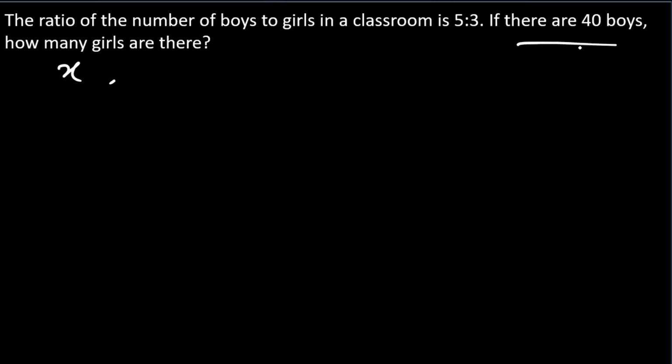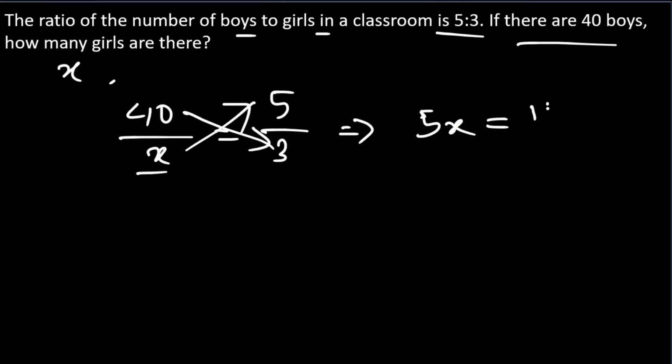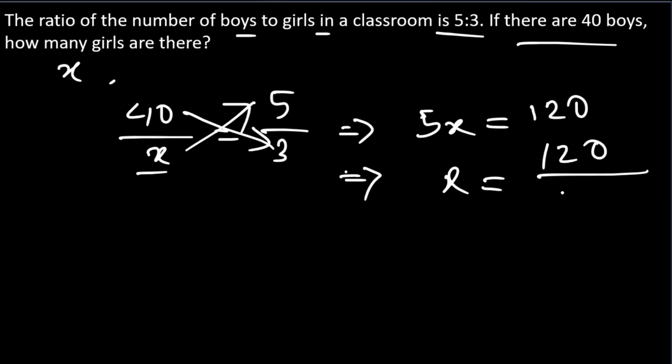Consider the boys number is 40 over x, where x is the girls number, and the ratio of boys to girls is 5 to 3. Now we will find the value of x. So we will get 5x equals 40 times 3 equals 120. So now x equals 120 over 5, which is 24. So the number of girls is 24.